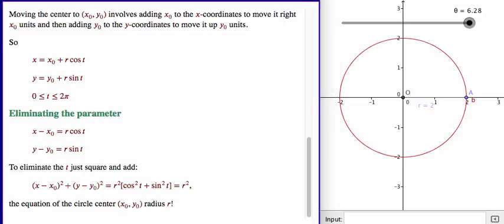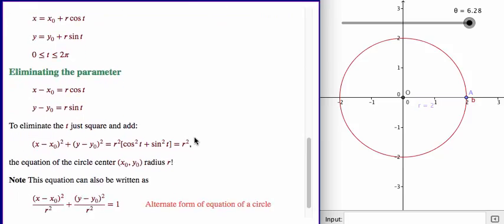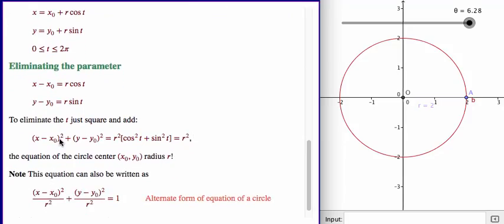Okay? Now, let's rewrite this equation. Why am I going to do that? Because I just feel like it. So just for fun, we're going to write the equation of a circle a different way. I'm going to take x minus x naught squared plus y minus y naught squared equals r squared, and divide both sides by r squared.